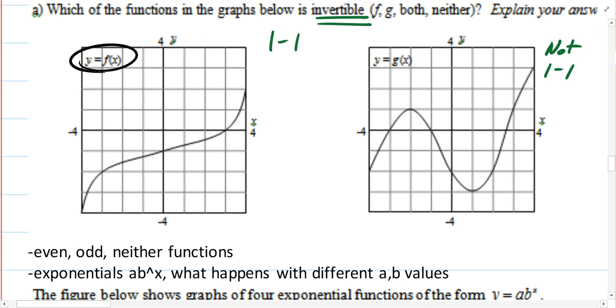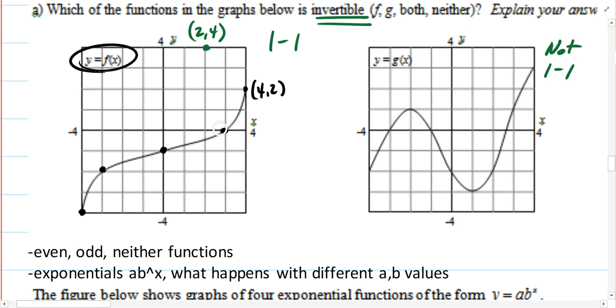The other thing that we could do, and perhaps might be easier since the graph has been presented to us, is to identify components on the graph, nice whole number coordinates for example, and reverse the x and the y coordinates. For example, this coordinate here is (4, 2) in the original graph, so the inverse graph would have the coordinate (2, 4).